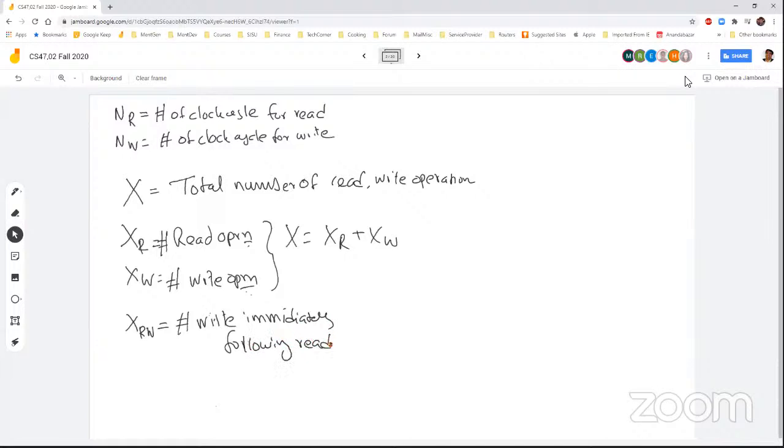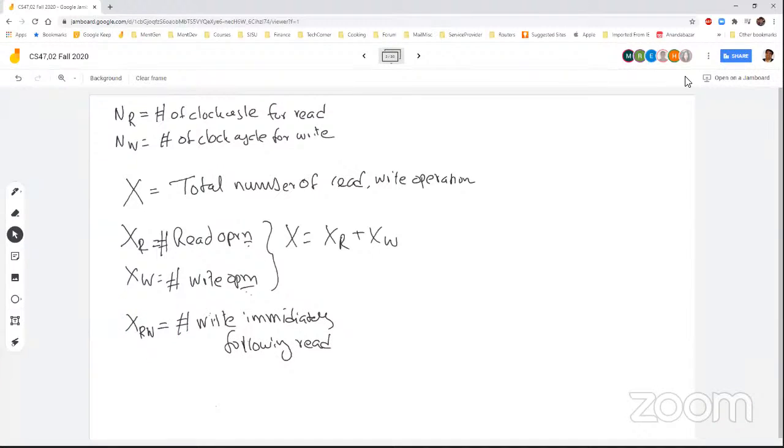This is another quantity we have to be given in the problem, either as a percentage of XW or separately, but ultimately you need to find out how many write operations are immediately following the read operation.